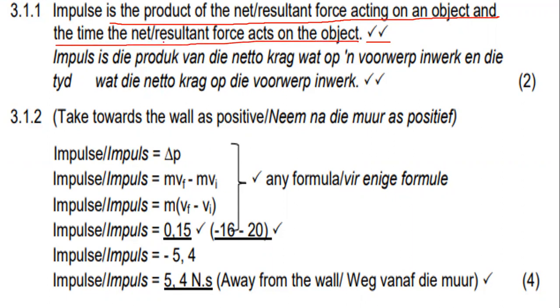So you cannot miss any keywords on that particular definition of impulse for you to get the 2 marks altogether, right? So impulse is the product of the net force acting on an object and the time the net force acts on the object.